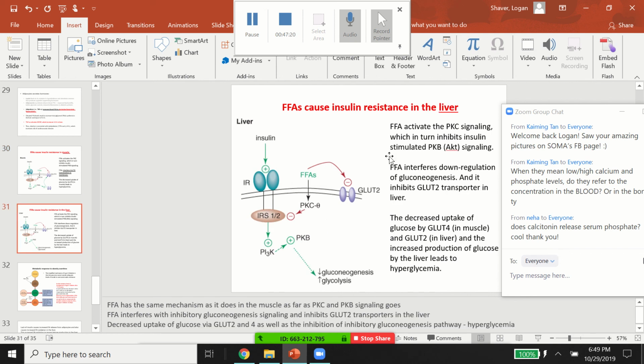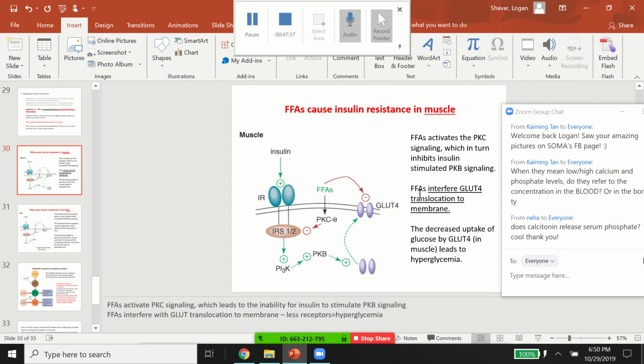But then again, it does mention specific GLUTs. If you remember from earlier on in MFM when we were talking about GLUT receptors, channels or transporters, and where they're located, it makes this way easier.